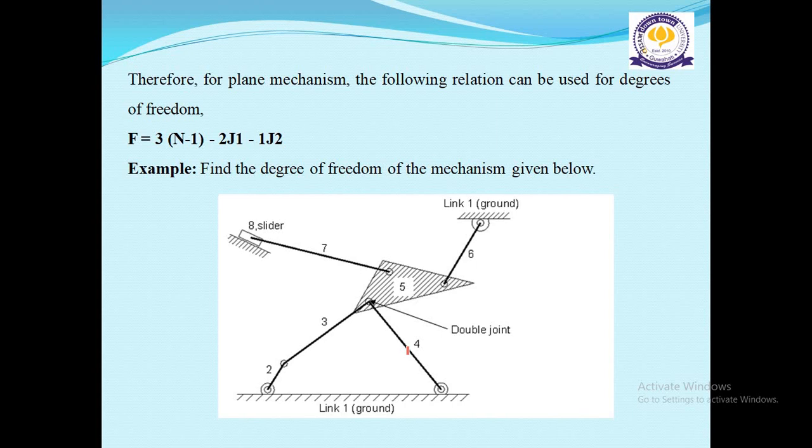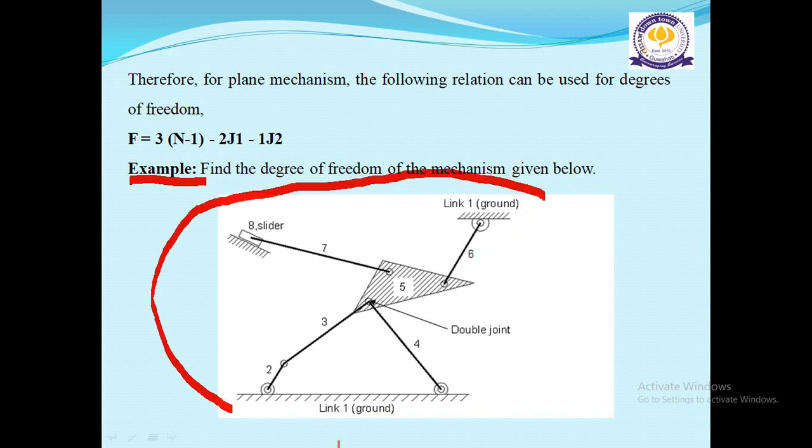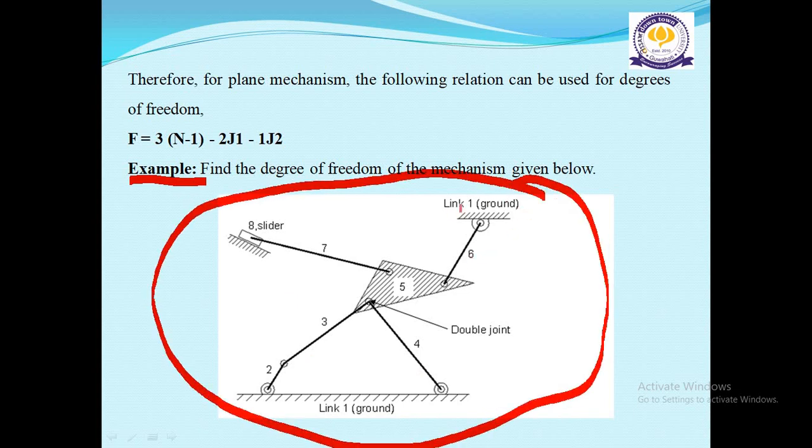So let us consider one example here. Find the degree of freedom of the mechanism given below. Here you can see the figure of a mechanism. Link 1 is the ground, and this is link 2, this is link 3, and this is link 4.